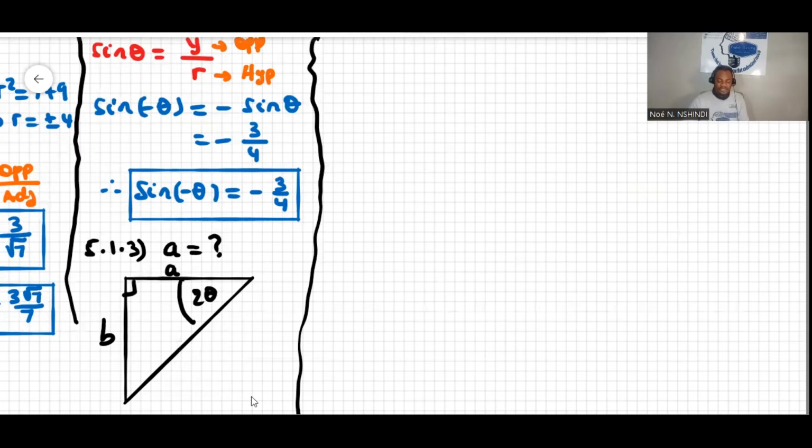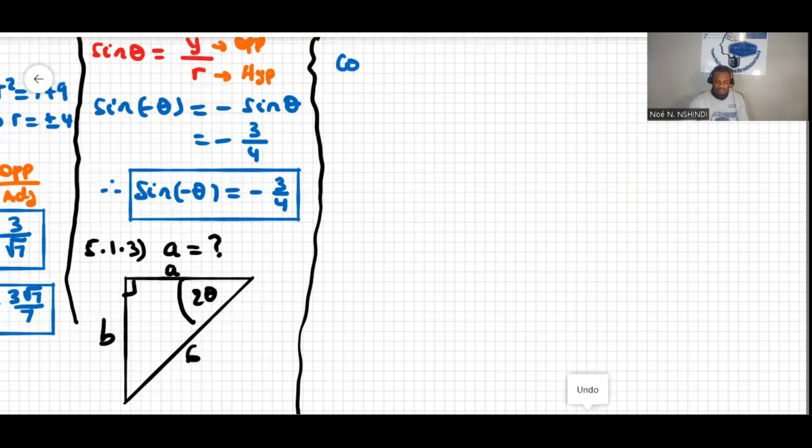If I need to find A, this side A is adjacent to the angle 2 theta. We know that cos of the angle is adjacent over hypotenuse, and the hypotenuse was given to be 6.